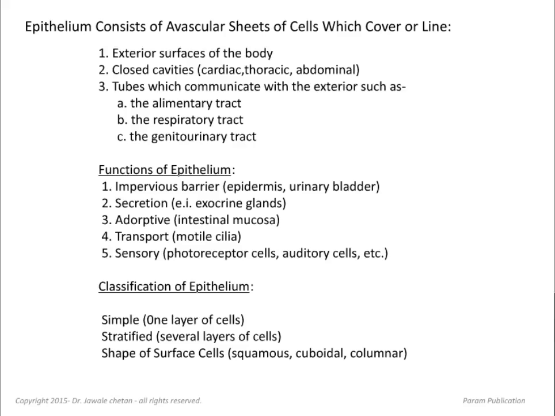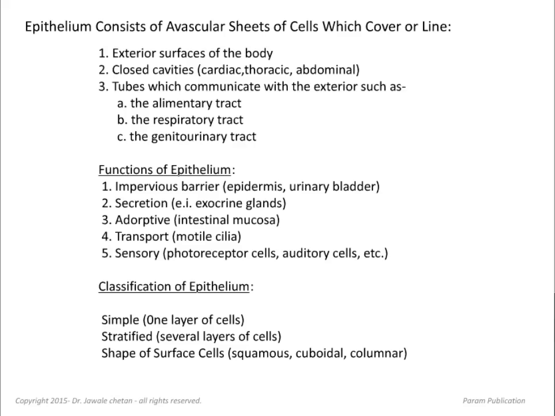Secretion, exocrine glands. Second function is secretion. Here all exocrine glands are epithelial tissues. They serve to secrete some secretions. Everywhere, like the salivary gland, there is a secretion of saliva.